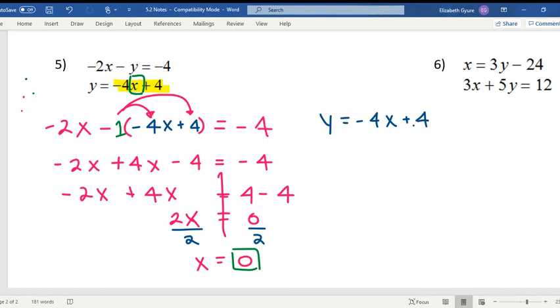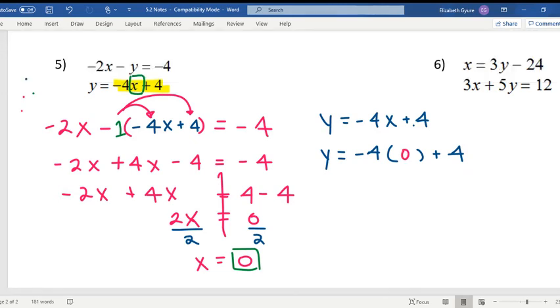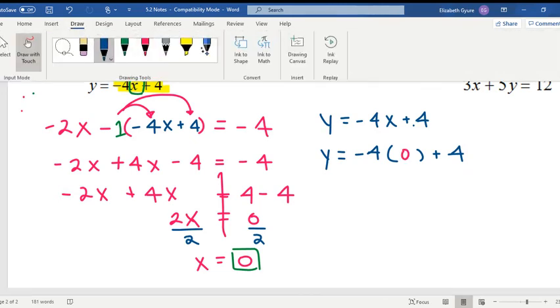Which letter are we plugging something in for? The x, right? So we're going to rewrite this as y equals negative 4, put your parentheses, plus 4. What number are we plugging into those parentheses, Olivia? 0. And now follow your order of operations.